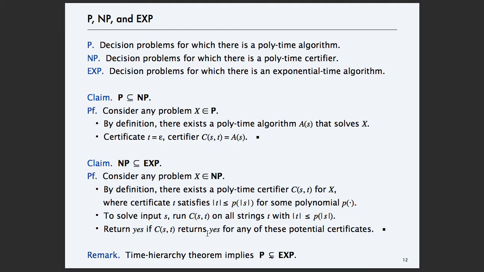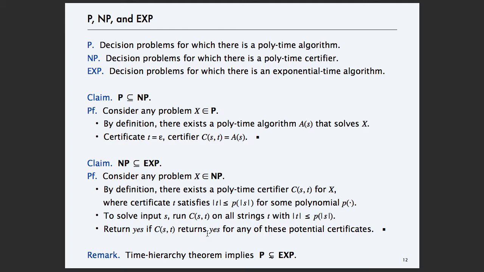Now, there is another claim that NP is a subset of EXP, the decision problems for which there is an exponential time algorithm. So how can we prove that that is true?